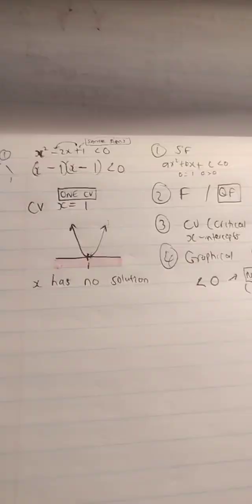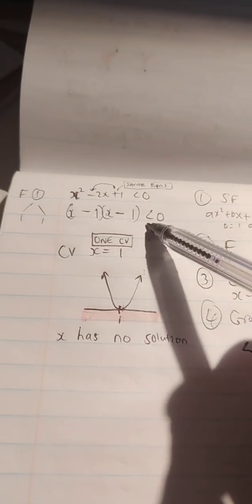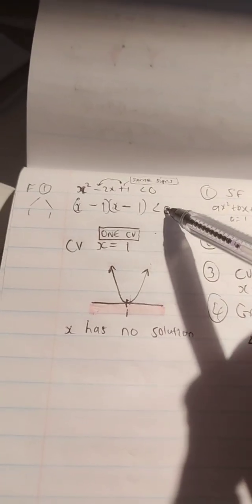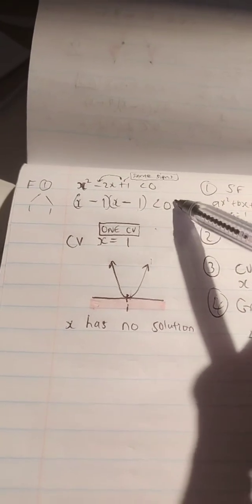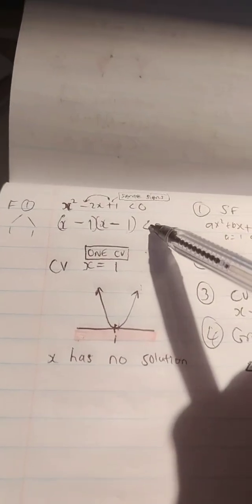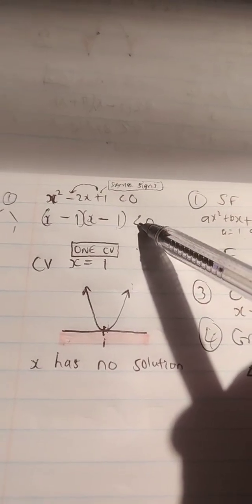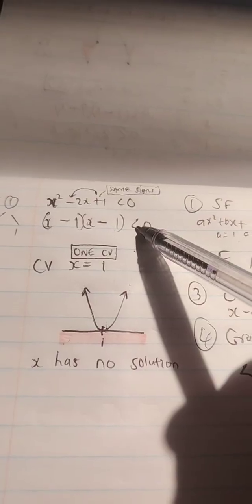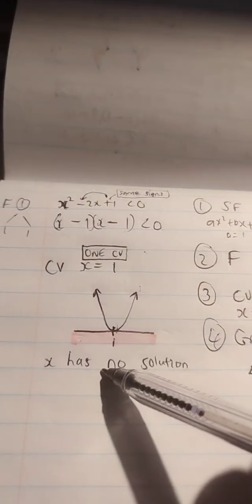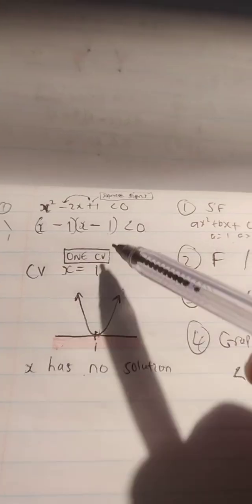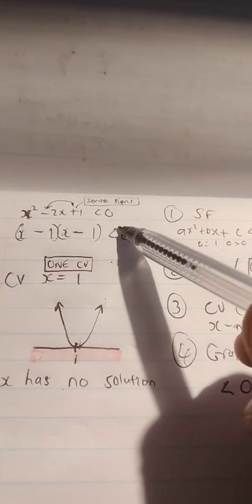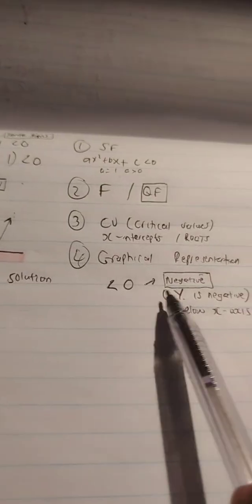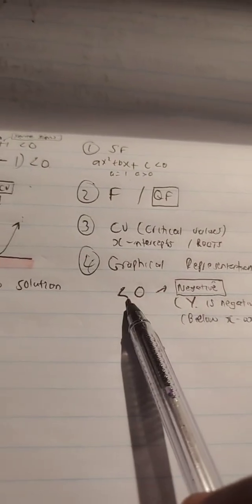I want to stick with this same question where there's one critical value, and I just want to play around with the inequality sign and change it. So we looked at less than 0. For this specific situation, less than 0 means where y is negative only.